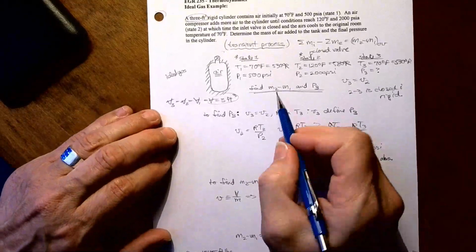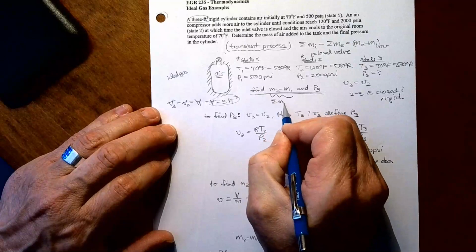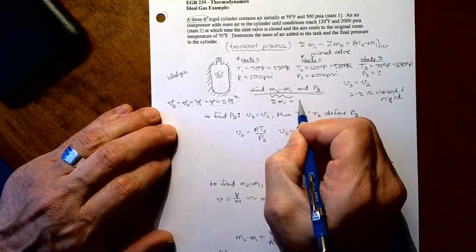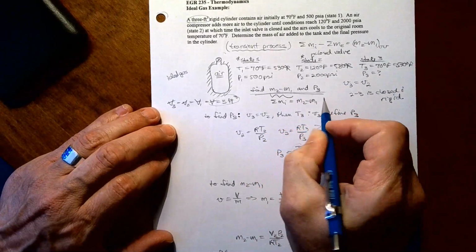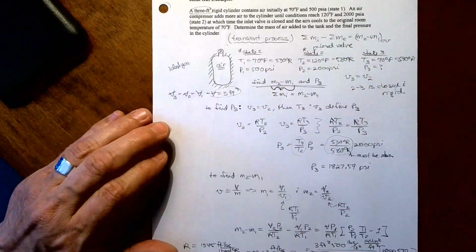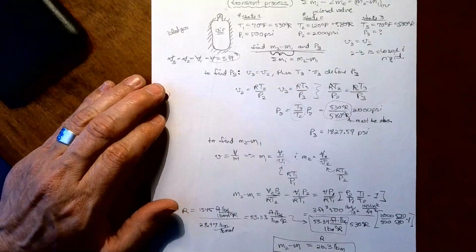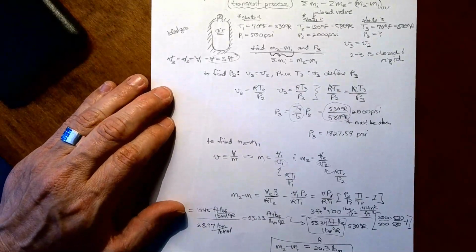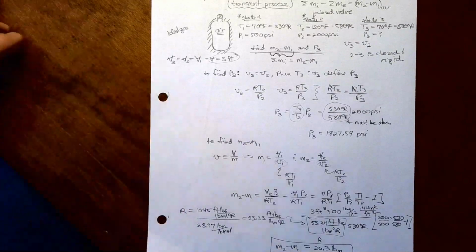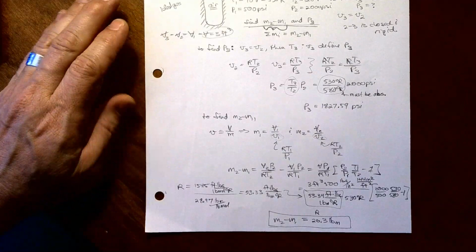The summation of m_in is equal to M2 minus M1. So conceptually simple with the conservation of mass, but some considerable work needed to evaluate the properties and finish this problem.